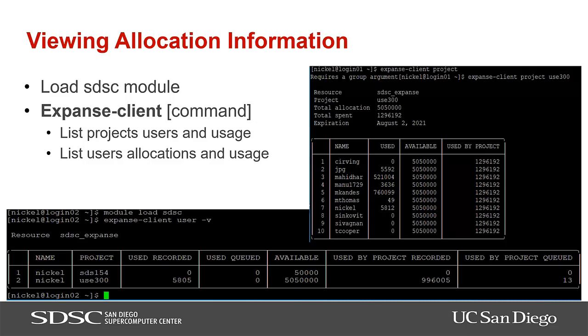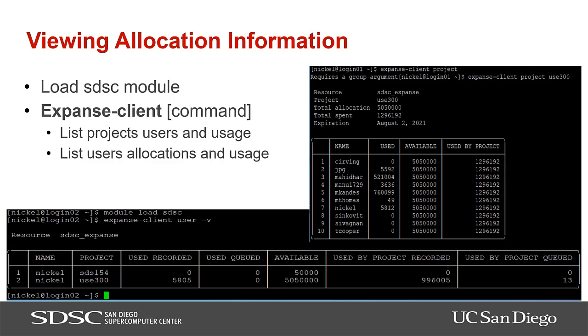The other command that you can use is users. User will show you specifically what you have access to. So Expanse client user will show you all the allocations that you currently have available to you, and it will show you your usage. What's new with this tool is that we have a verbose option, which is really, really nice.